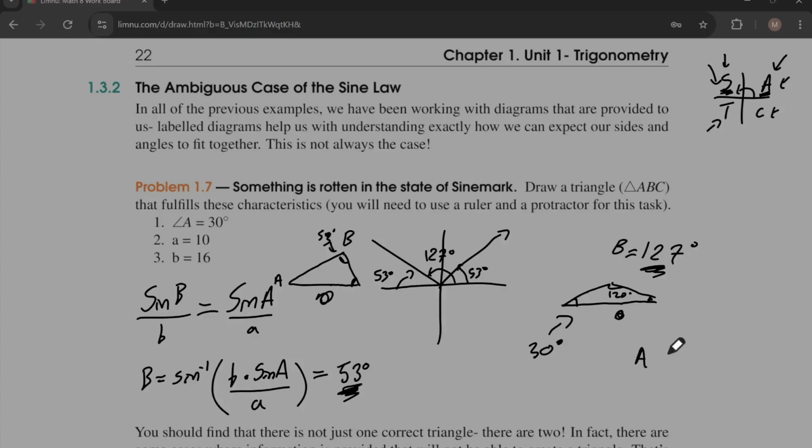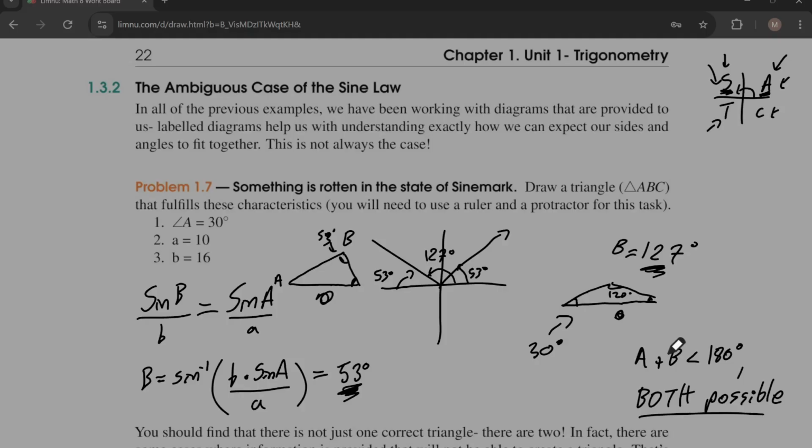If A plus B is less than 180 degrees, then both triangles are possible. And that's essentially saying I just need to have some room left, some angle left, in order to have an angle C, right? Triangle, there has to be enough angle for three angles. So in this case, 30 plus 127 is 157, so there's tons of angle left. That means both triangles are possible.